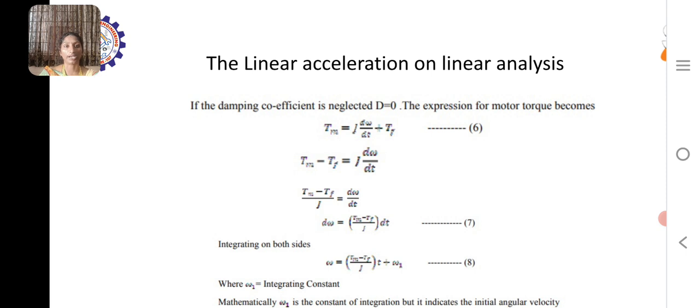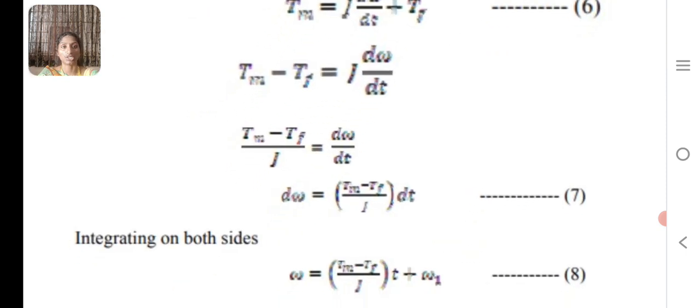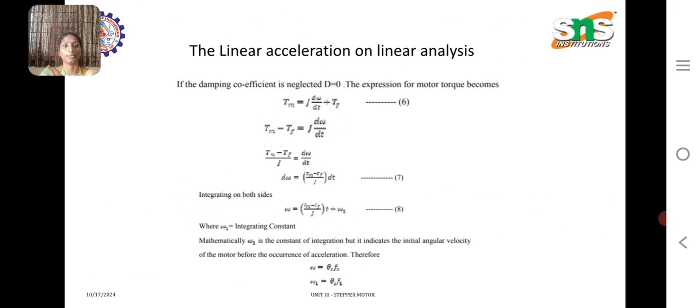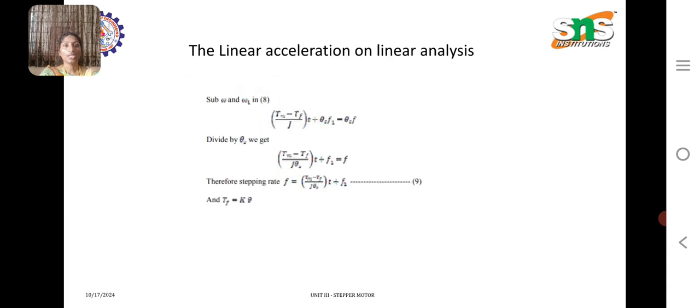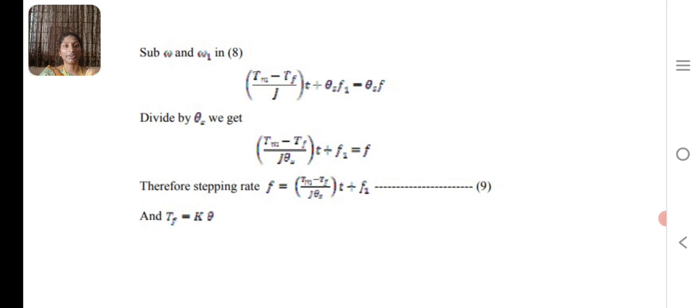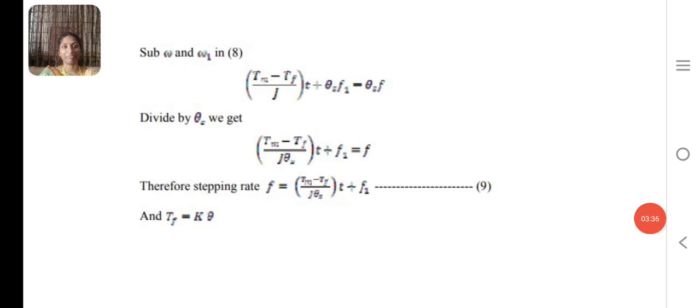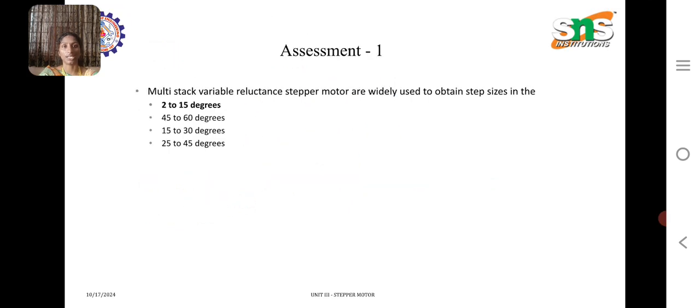So the Tf on the right hand side is brought to the left hand side, which makes it minus, and the final omega equation gives Tm minus Tf by J into t plus omega 1, where omega 1 is the integrating constant, and mathematically we know that omega is equal to theta into f, which makes omega 1 is equal to theta 1 into f1. So by substituting this, the final stepping rate f is equal to Tm minus Tf by J theta s into t plus f1. This makes the final equation.